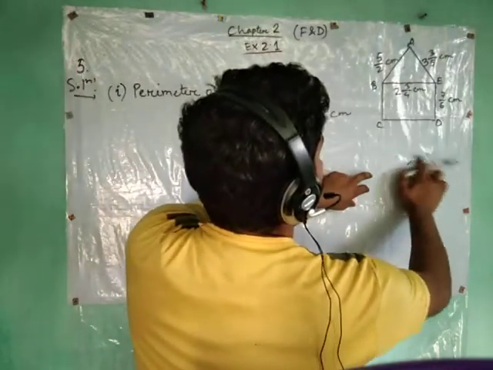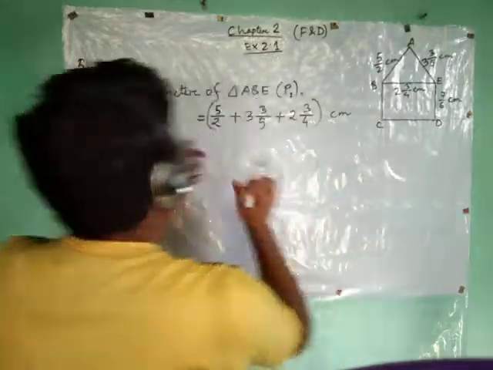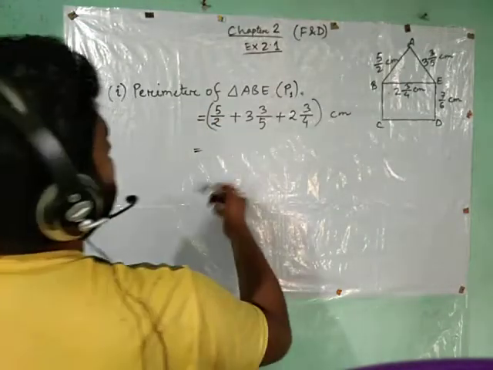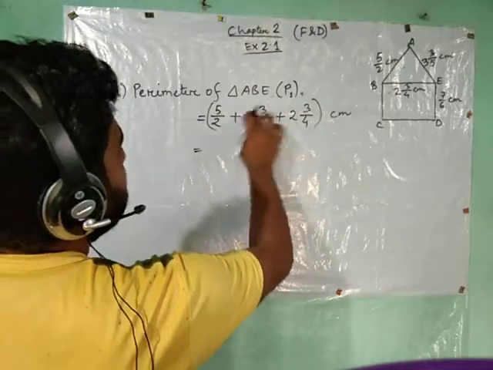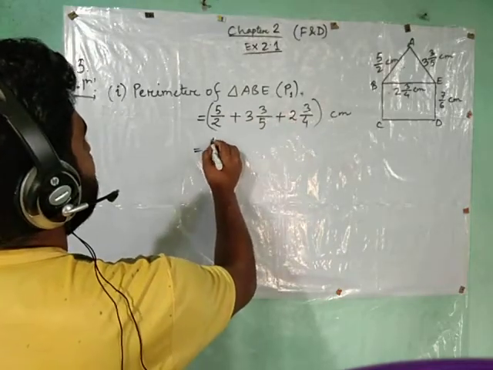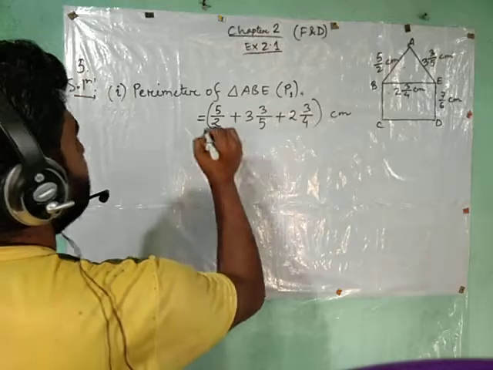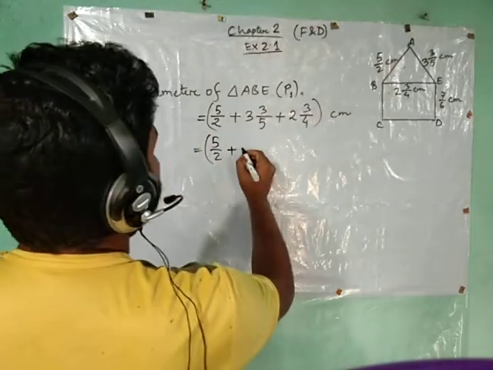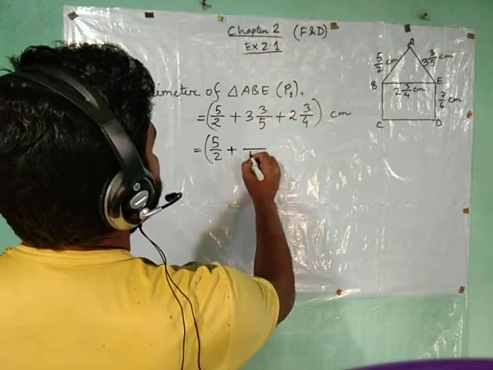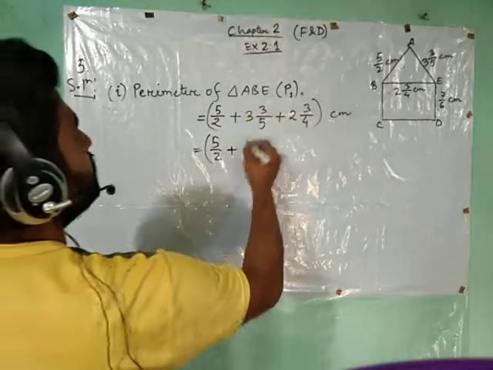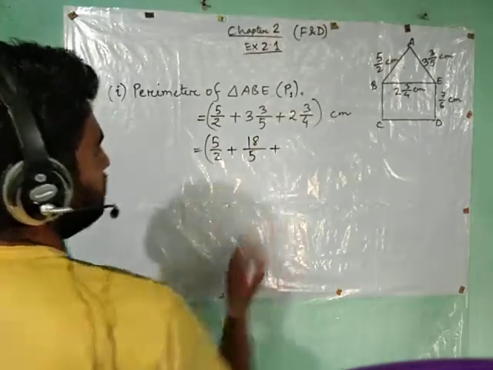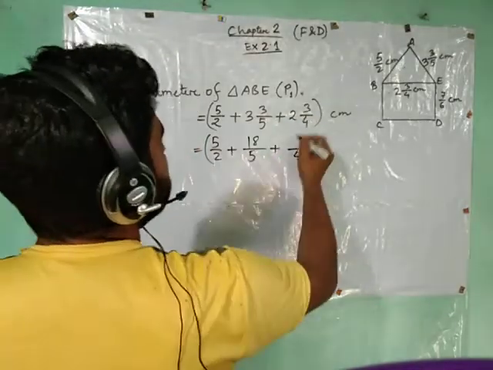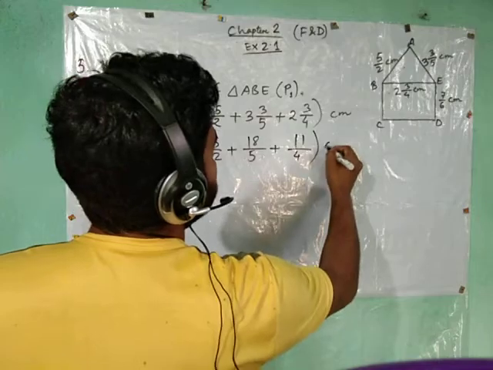Next, after this you have to come here. Okay, thank God. Now convert these mixed fractions into improper fractions. 5 3s are 15 plus 3, 18. Below, 4 2s are 8 plus 3, 11 centimeter.